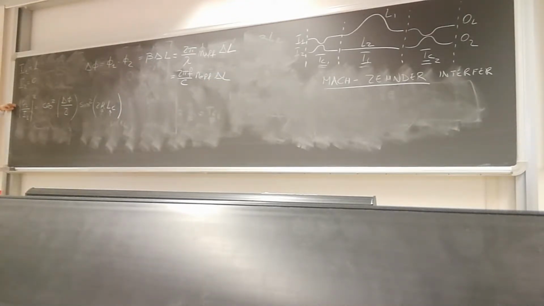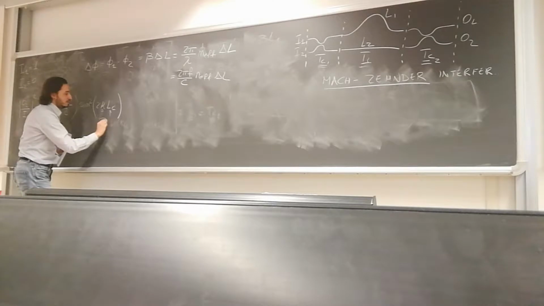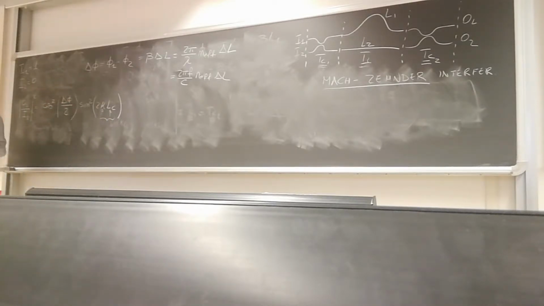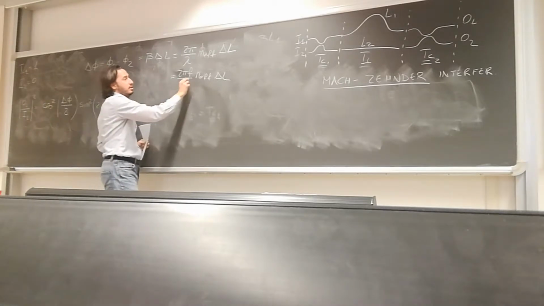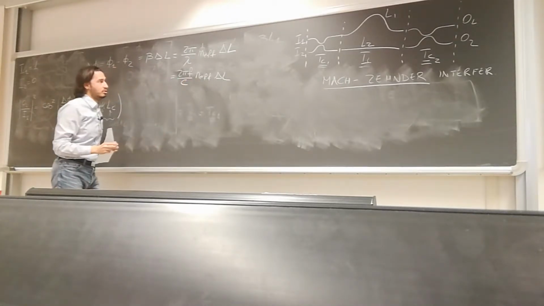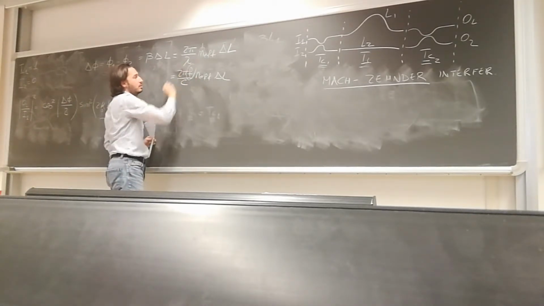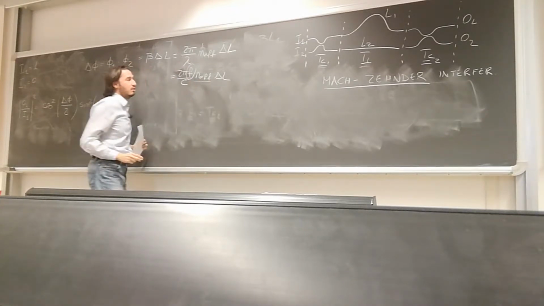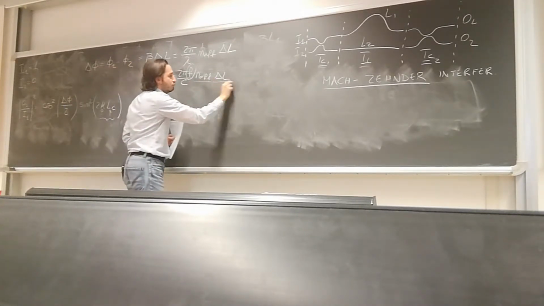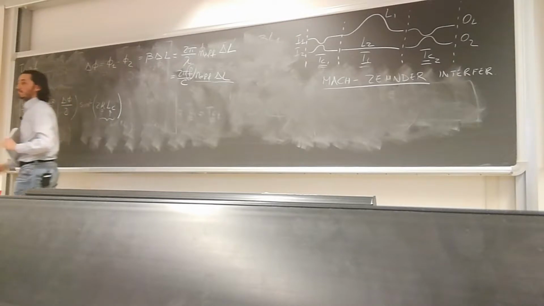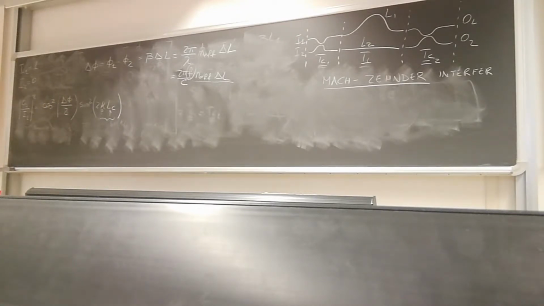The power that I measure at this port depends on a lot of things. These parameters related to the directional couplers, and then all the parameters we saw yesterday in our preliminary discussion. So it depends on the frequency, depends on the effective index of the waveguides, depends on the geometrical unbalance of the interferometer. All these things.